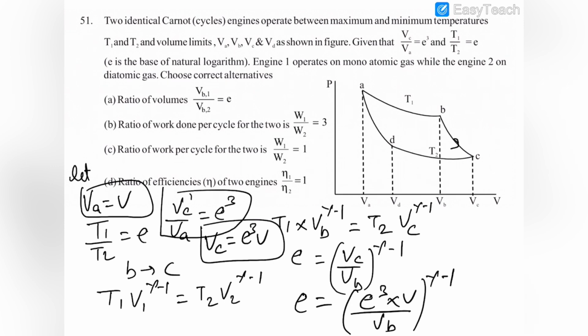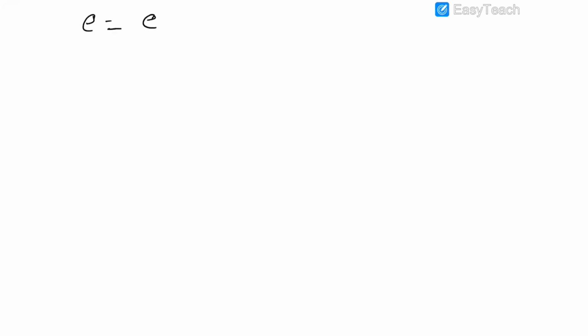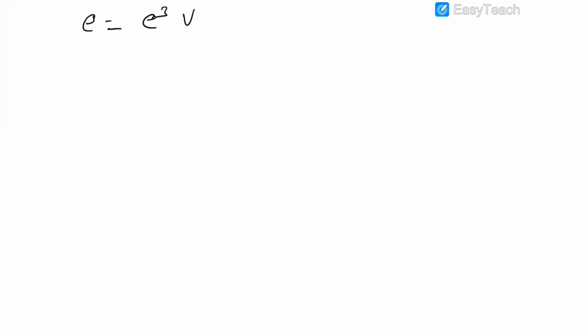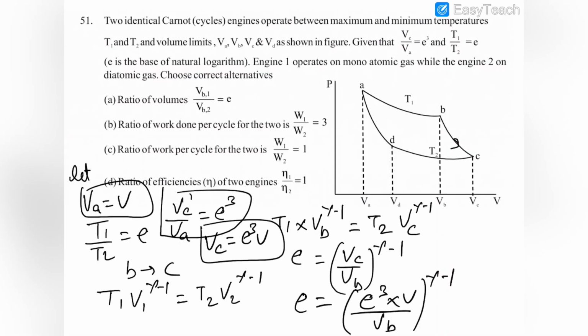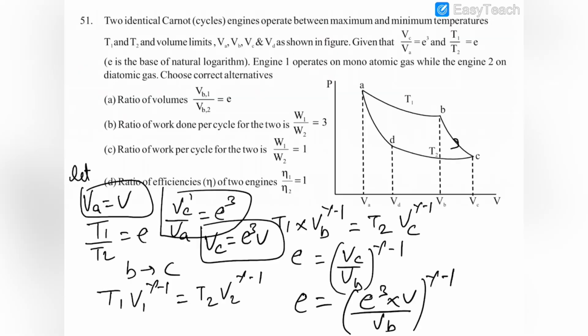I am writing it down again: e is equal to e cube, and this is V by Vb whole to the power gamma minus 1.